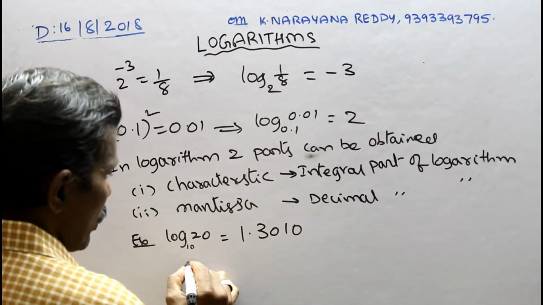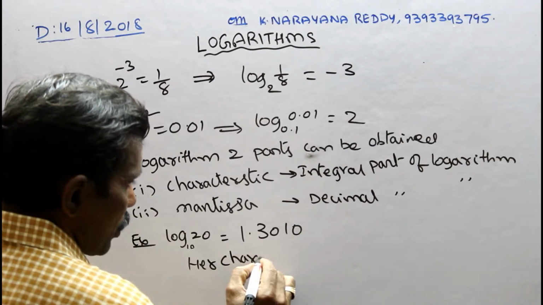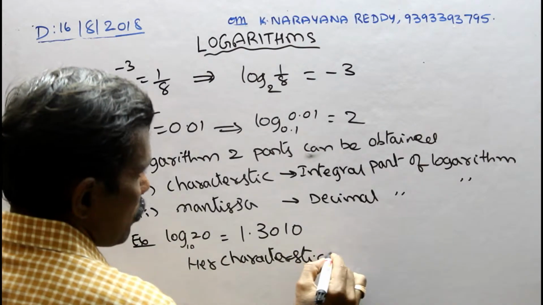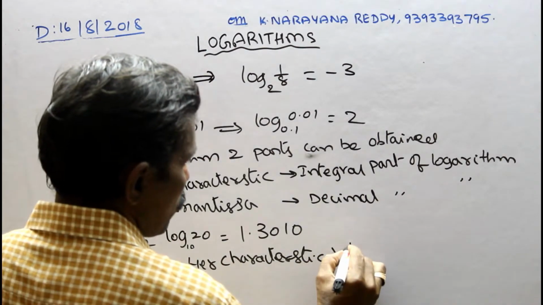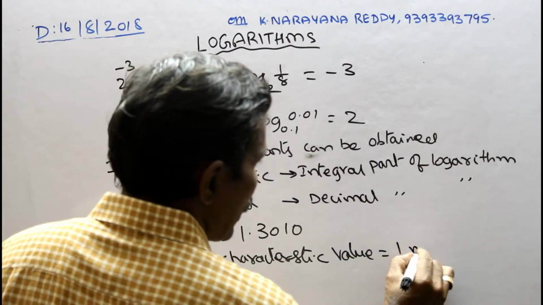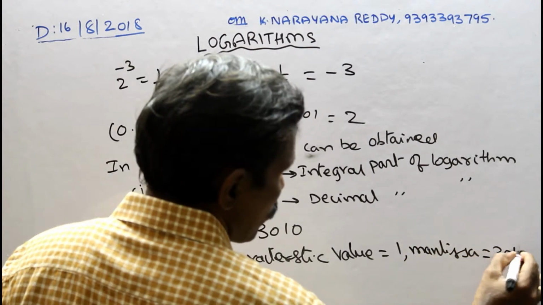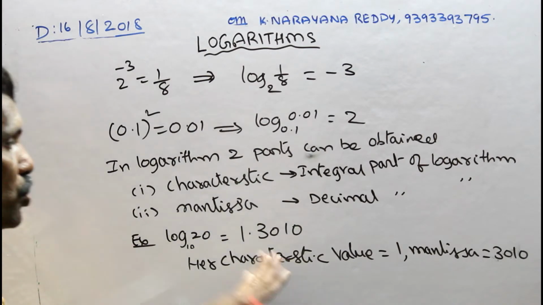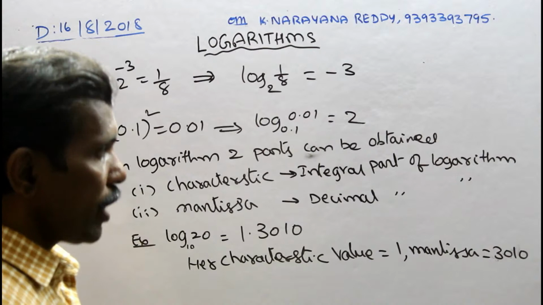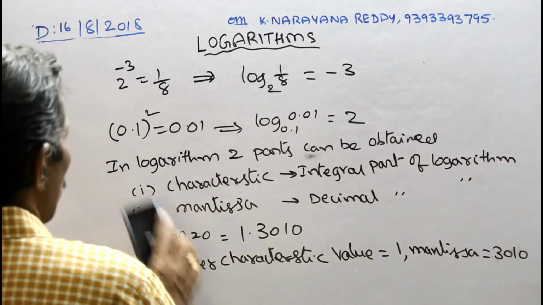Here the characteristic value equals 1, and the Mantissa equals .3010. So this is the characteristic value, and this is the Mantissa value. That's all. Okay. Now see some values regarding this one.